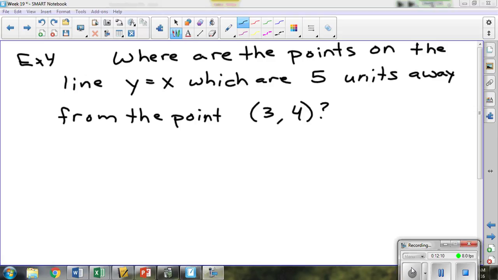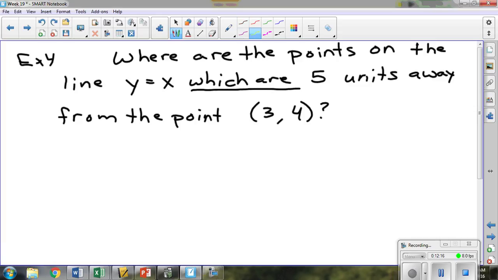Most notably, we are given this component, 5 units away. That tells us its distance. And we have distance from a point. Well, since we're focusing on distance, we would have to employ the distance formula.